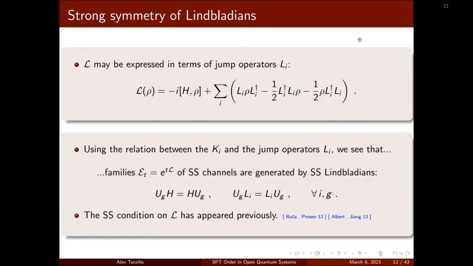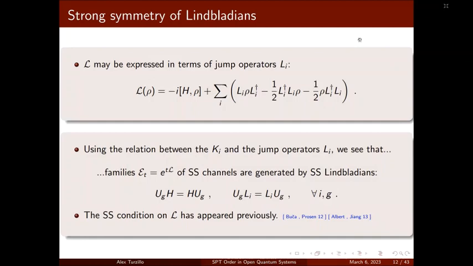So using the connection between the Krauss operators of the channel and the jump operators of the Lindbladian, we can rewrite the strong symmetry condition in terms of the jump operators. It essentially reads that the Hamiltonian is symmetric and each of the jump operators individually is symmetric. So this is much stronger than the Lindbladian as a whole being symmetric.